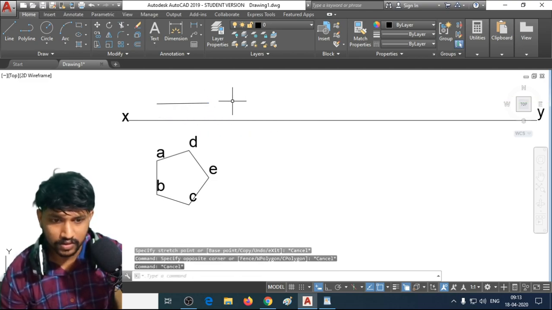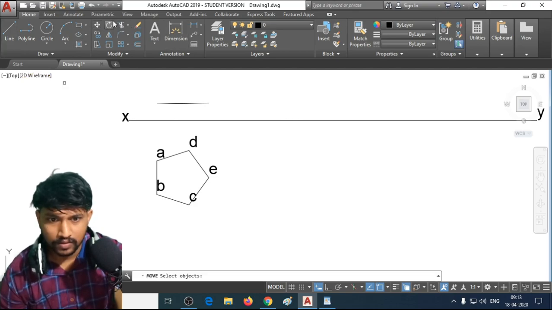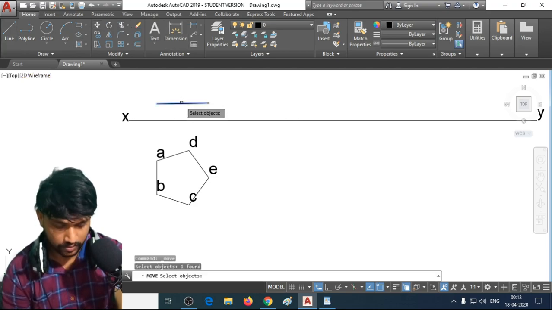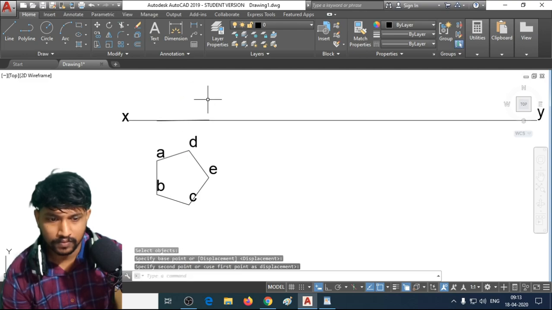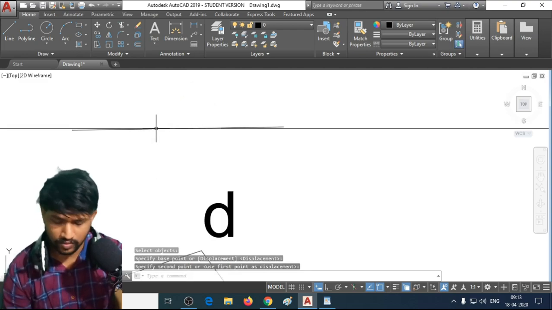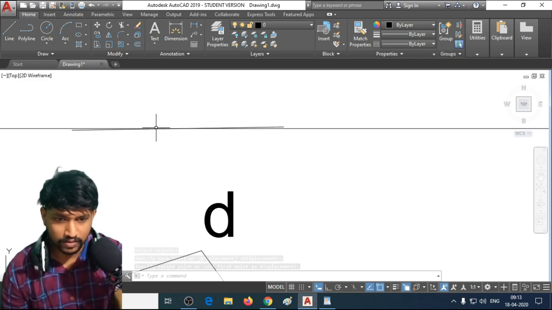Moving this thing is getting very difficult. So that means, okay. This one has to be horizontal.